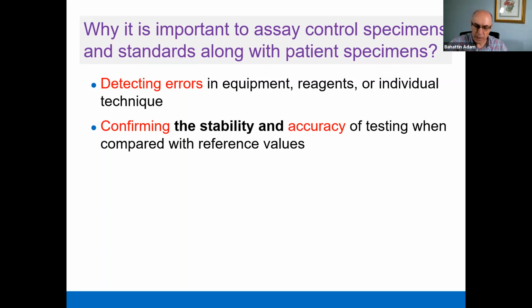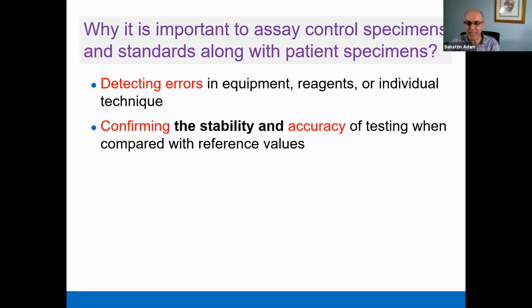Also, confirming the stability and accuracy of the testing when compared with reference values. Your test may measure the true value on the day that you compare with the control serum or standards, but you are not sure whether your test is stable.